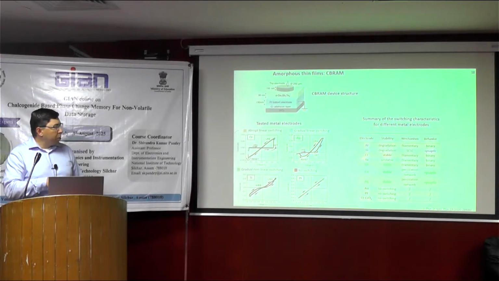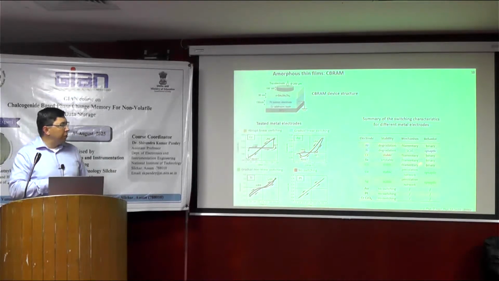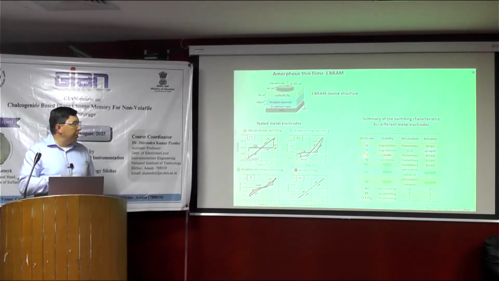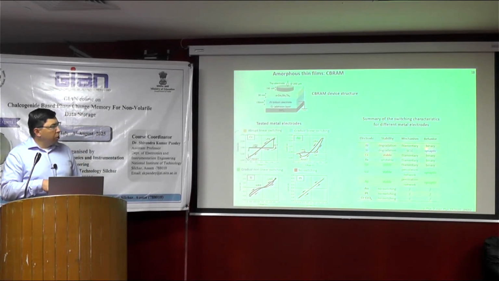Chemically active electrodes like copper and silver have stable filamentary switching. Chromium also shows some stable filamentary switching. Aluminum and titanium can also be used, but they showed degradation.